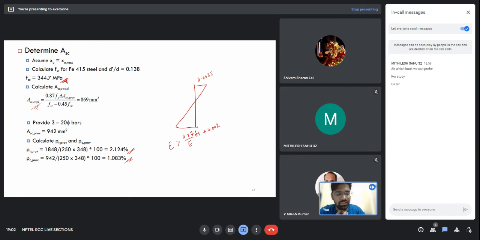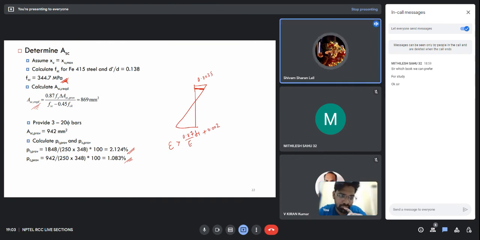Yeah, I know what you are saying. See, Shivam, you are saying what if the stress in this bar is greater than this value? Means when Xu is less than Xu,max, then there are two possible cases.